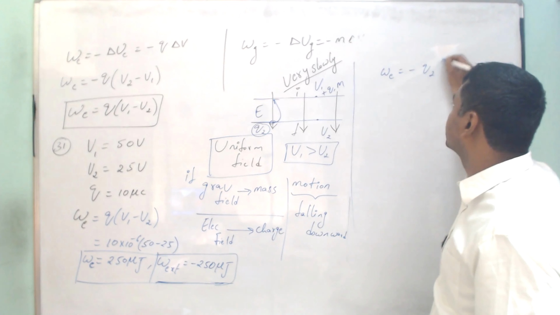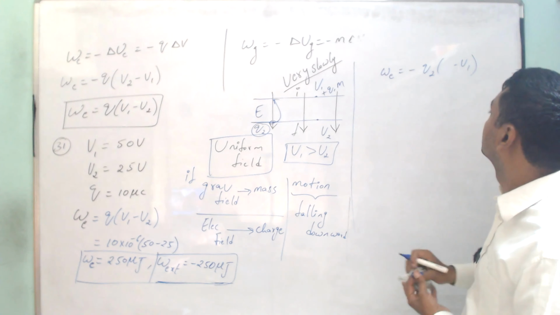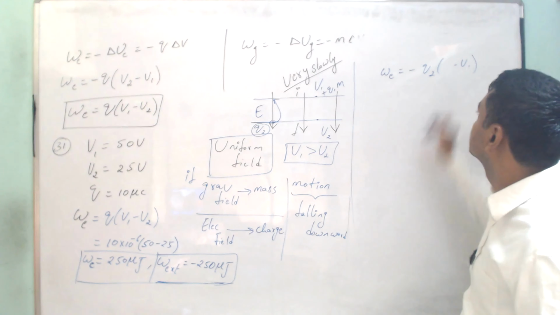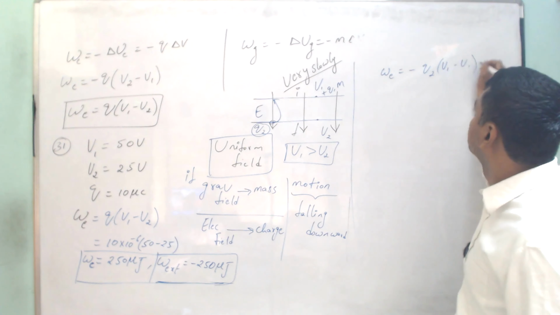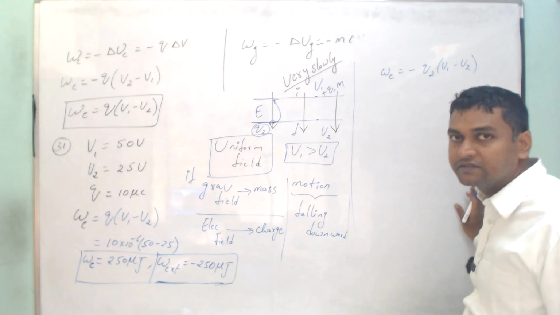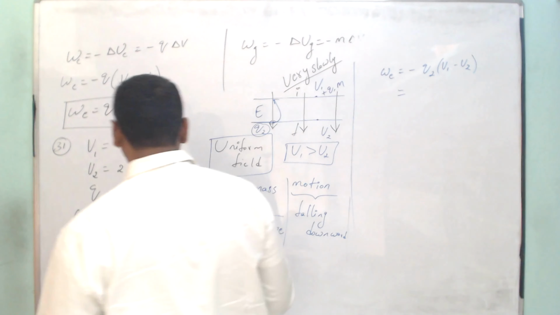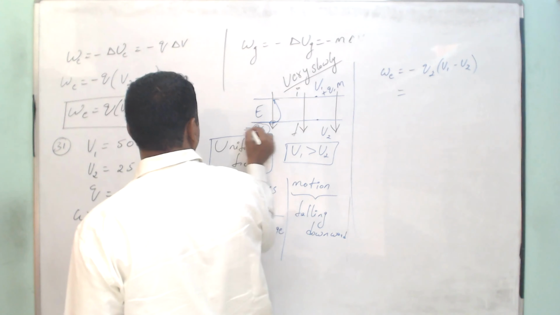Is this clear? Work done by the electrostatic force is Q2 times V1 minus V2, because if it is V2 minus V1, then we are double counting the negative sign. Basically, this comes out as negative if we take the Q2 charge as 20 microcoulomb.